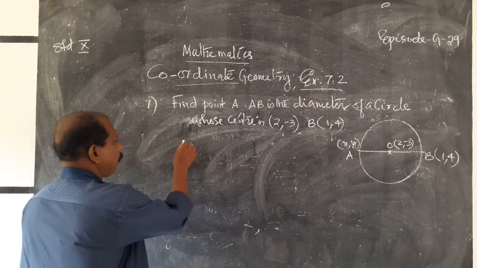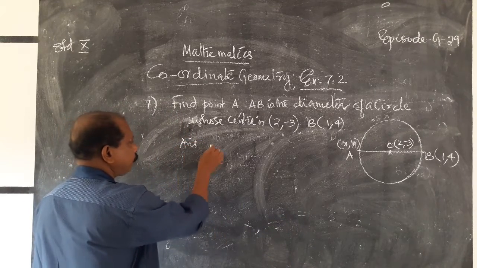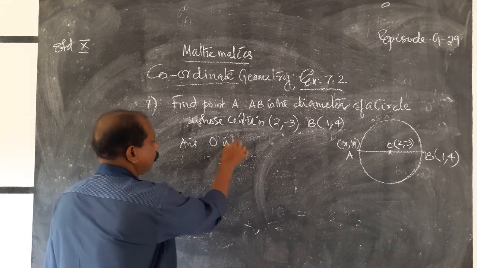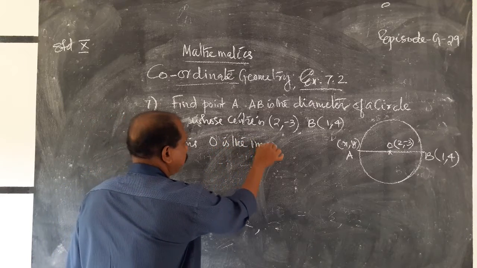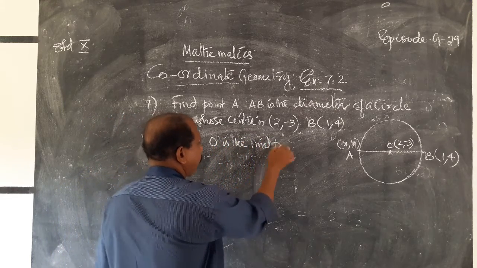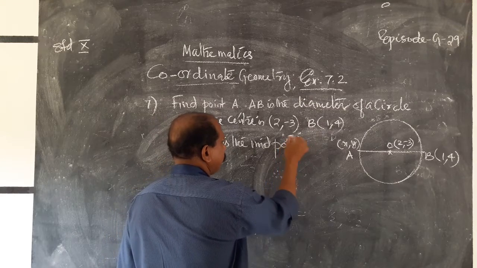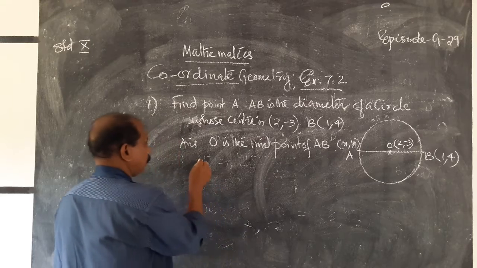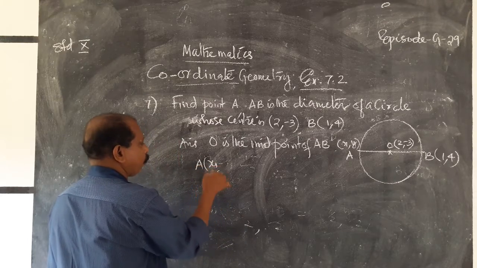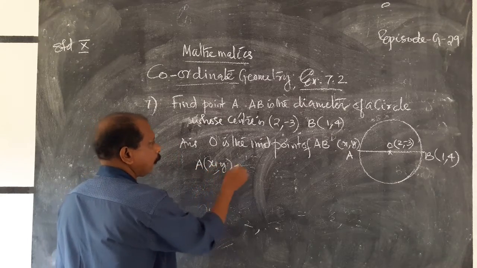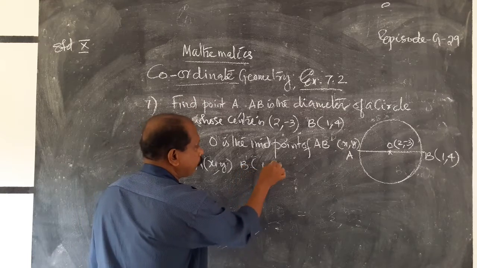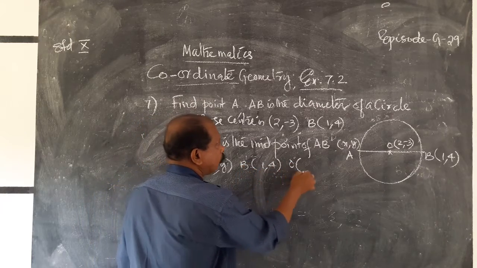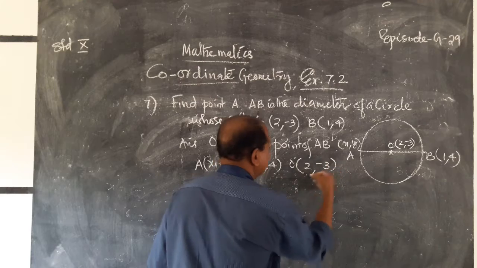The answer is: O is the midpoint of AB. Therefore, A is (x, y), B is given as (1, 4), and O is also given as (2, -3).